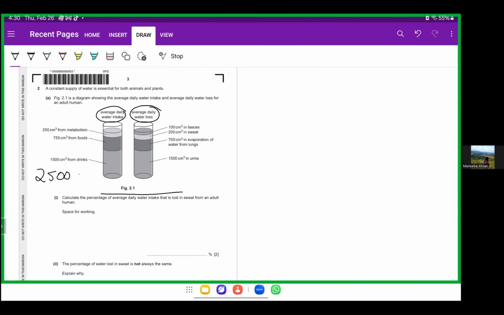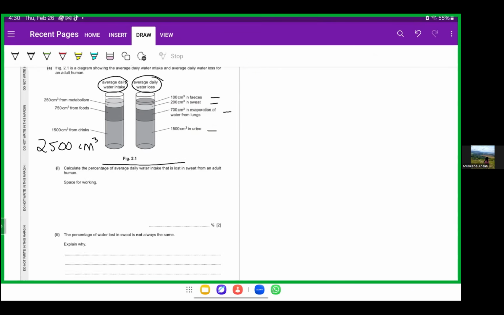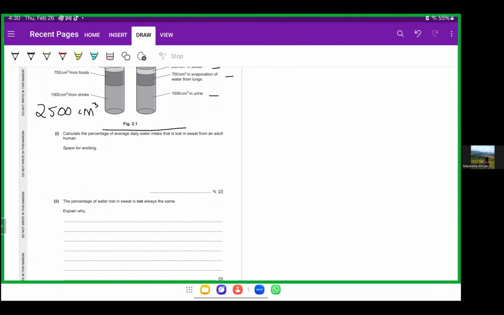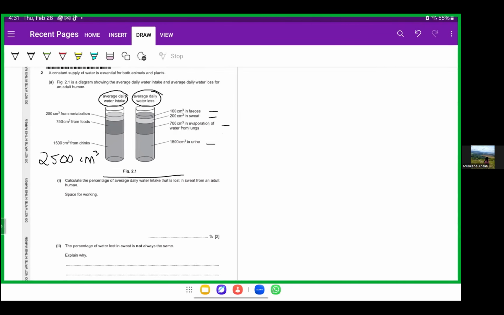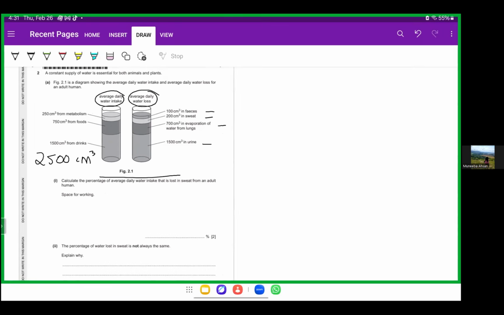cm cube of water. Okay, and then you are losing water in different ways, like feces, sweat, evaporation of water from the lungs, and 1500 cm cube in the urine. So they are asking you to calculate the percentage of average daily water intake that is lost in the sweat from an adult. So very easy question. In sweat you are losing up to 200 cm cube, right?